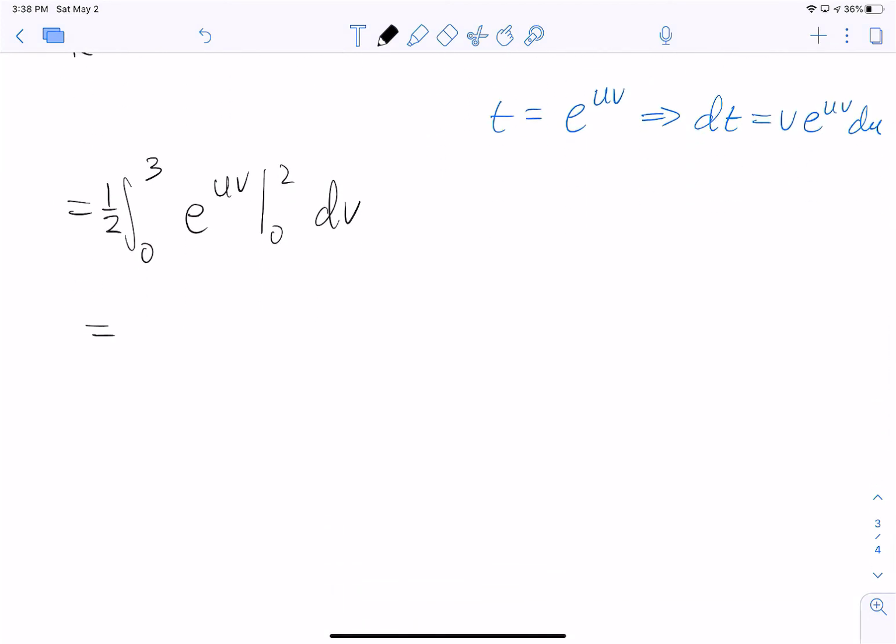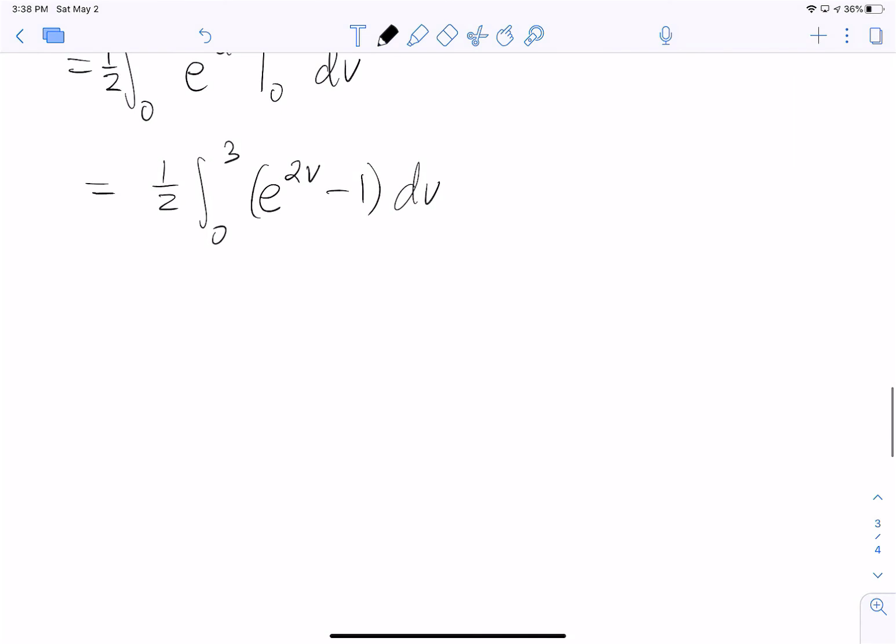This integral is now going to become pretty straightforward. It is 1/2 times the integral from 0 to 3 of e to the 2v. Remember, we integrated with respect to u. And then don't forget, when we put 0 in place of u here, we have minus 1. It gives us dv there. Now we have a straightforward process.